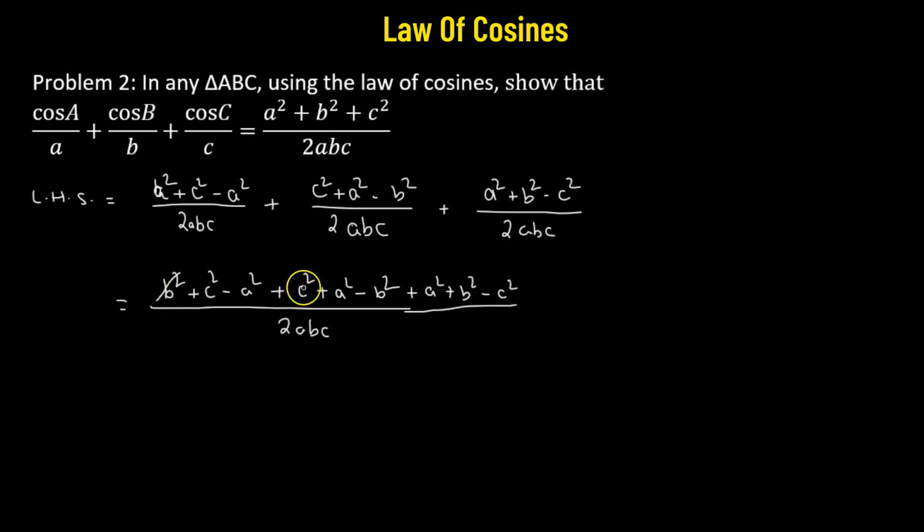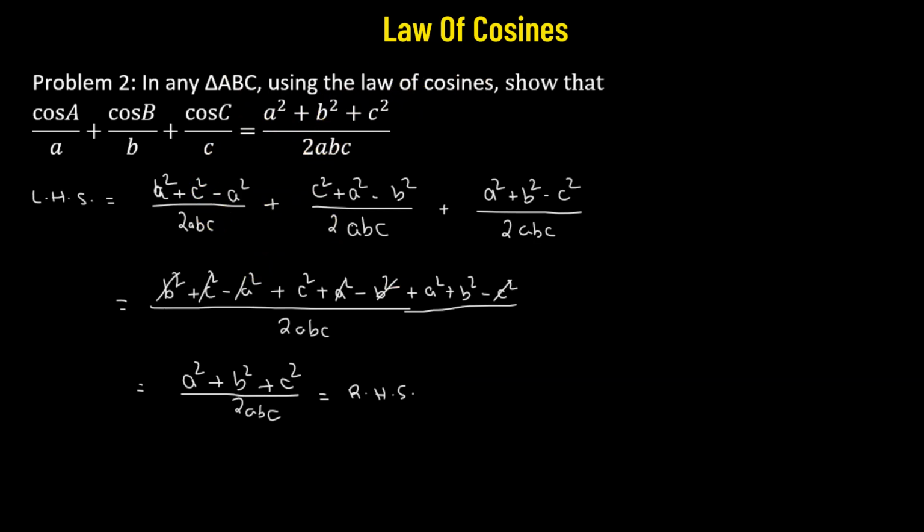So we have positive b squared, negative b squared, positive c squared, negative c squared, negative a squared and positive a squared cancelling out, and we are only left with a squared plus b squared plus c squared in the numerator whole divided by 2abc, and this is the expression on the right hand side. So we have successfully proved that the left hand side of the equation is equal to the right hand side by using the law of cosines.